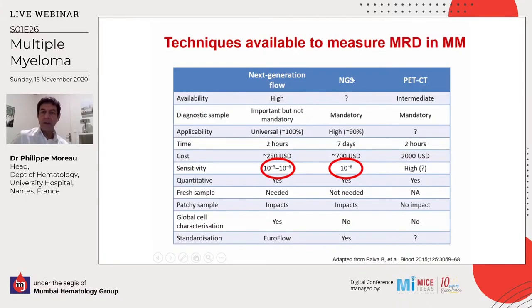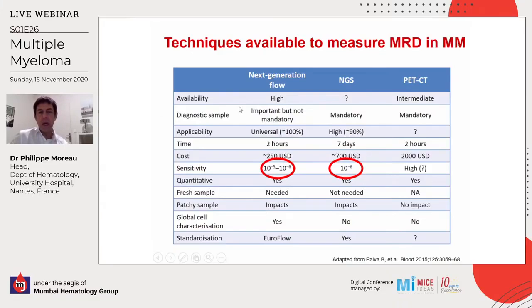We also have next generation sequencing, that is also standardized and is approved by FDA. And outside the bone marrow, we can also use PET-CT to assess MRD negativity.